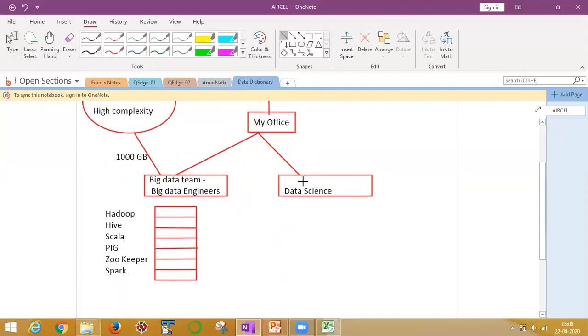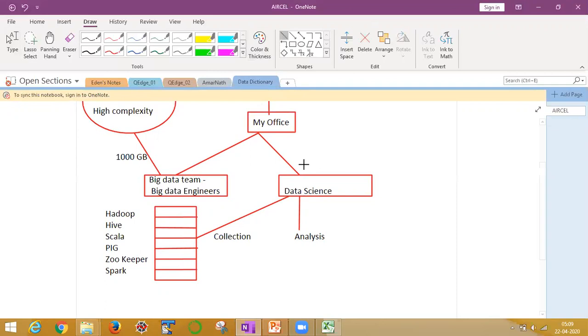They will start to collect this data from here, and they will start analysis.